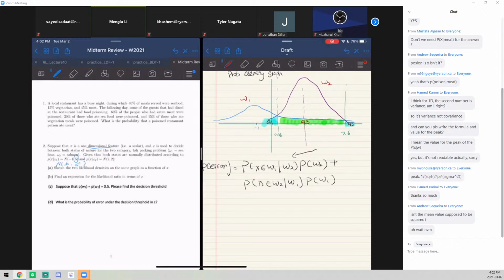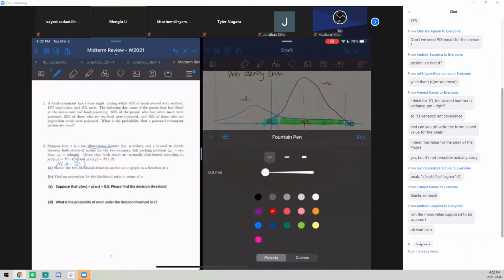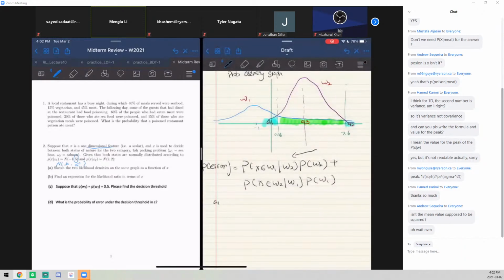Okay, for calculating the area, we just use the integral. For area 1, for A1, the integral is from negative infinity to 0.38. That's the boundary.